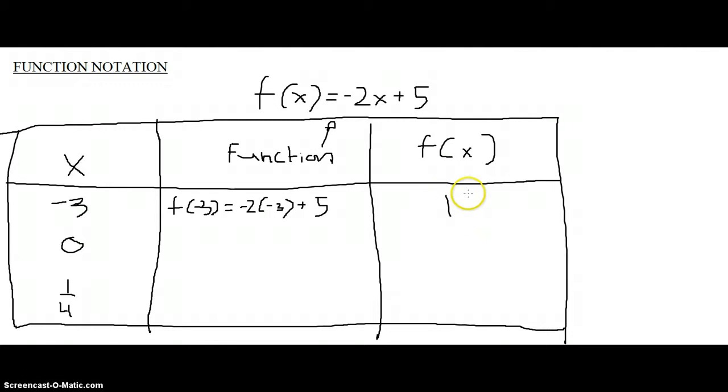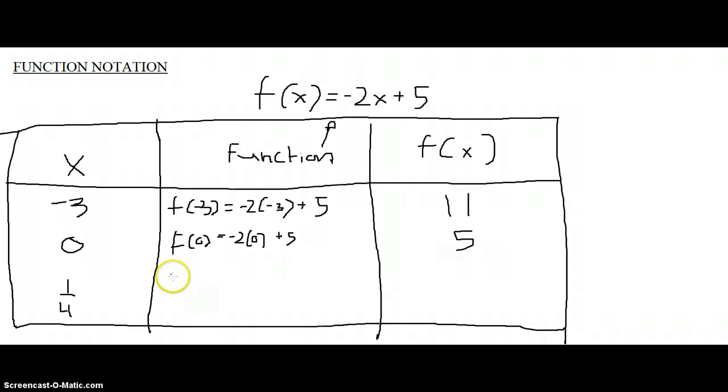Output is 11. See what I did there? Okay. 0. F of 0 equals -2 times 0 plus 5. -2 times 0 is 0, plus 5 is 5. So, answer, output is 5.